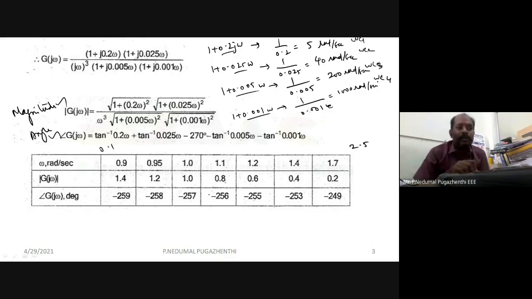So you can find a few points. Even at 0.9 to 1.7, the angle values are shooting like anything. So try to have your omega values between 0.1 to 2, and draw your graph.